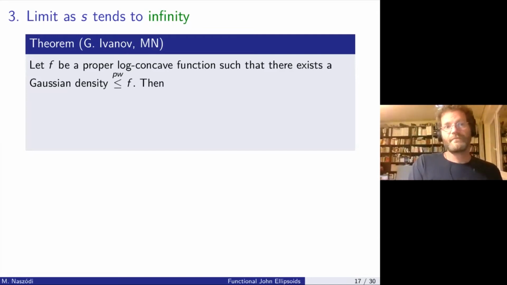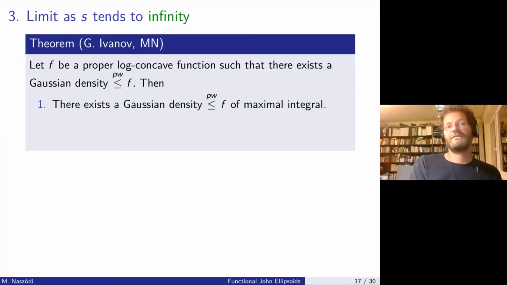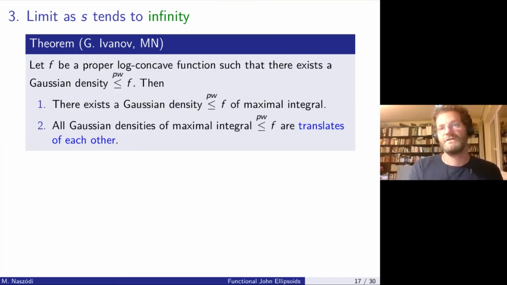So first of all, we say that if you have a log-concave function, and if there is a Gaussian density which is pointwise below your function, then there is one with maximal integral.